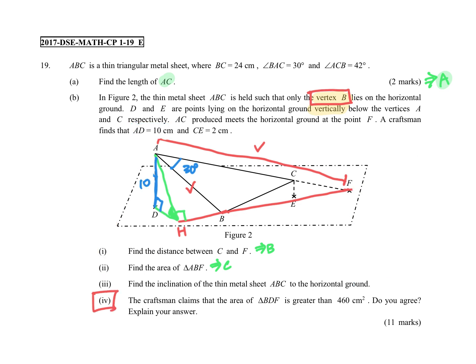Okay, finally, we have the last part, B4. The Crossman claims that the area of triangle BDF, where's BDF? It's like this, so that will be this triangle.